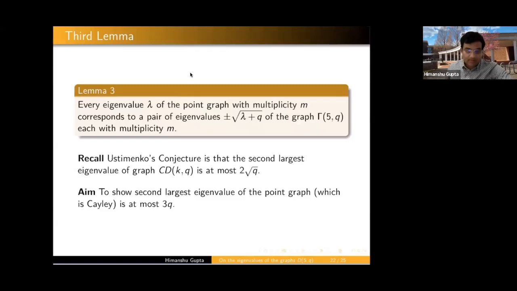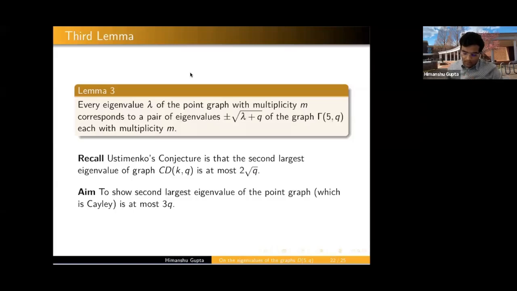That means Ustimenko's conjecture asks us to prove that the second largest eigenvalue of CD(k,q) is at most 2 square root of q. What we now have to show is that the second largest eigenvalue of the point graph, which is Cayley, is at most 3q, because 3q plus q gives us 4q, and its square root is 2 square root of q.